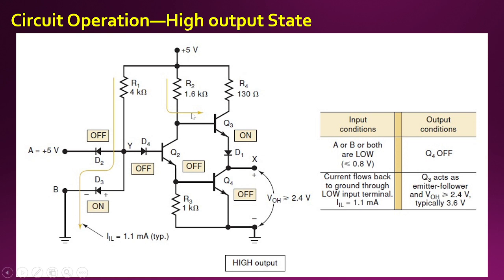It will be less: the drop across diode D1, the drop across the transistor Q3, and the drop across the resistor R4. So the output will lie between 2.4 and 5. So we can say the output is at high state.